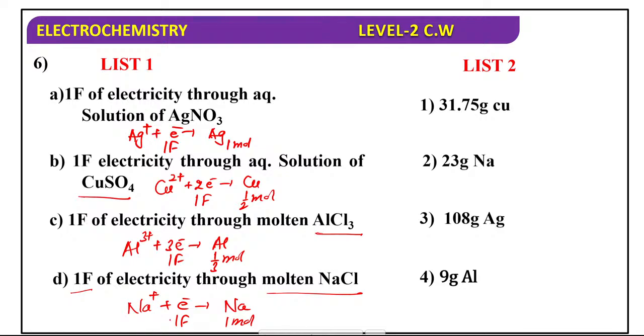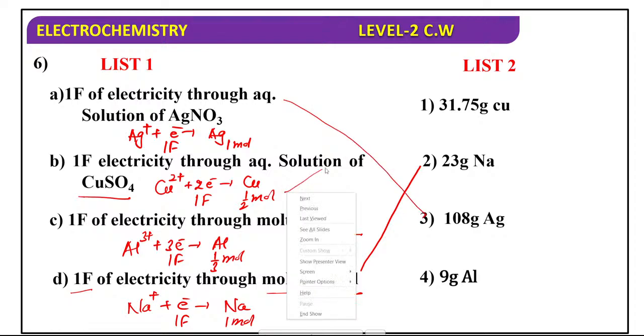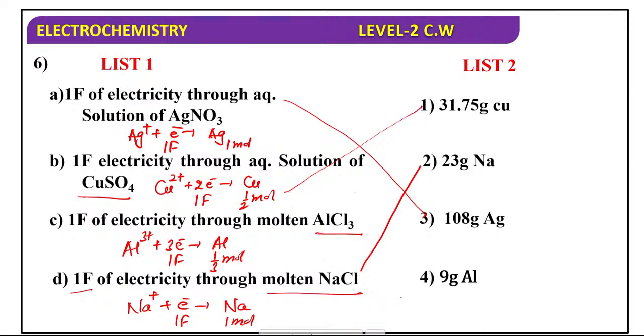So 1 mole of sodium is equivalent to 23 gram. Atomic weight of silver is 108. Half mole of copper is equivalent to 31.75, and 1/3 mole of aluminium is equivalent to 9 gram.